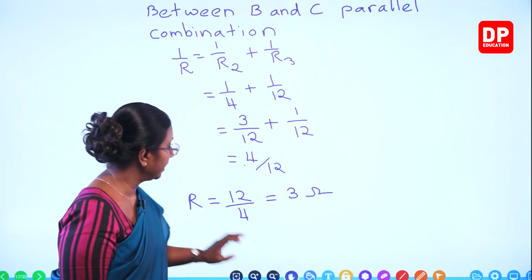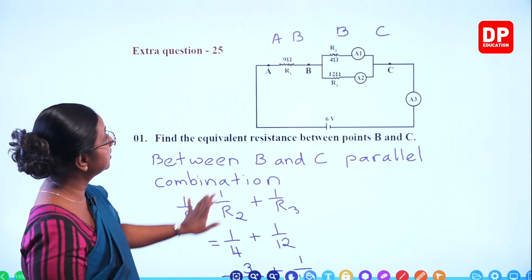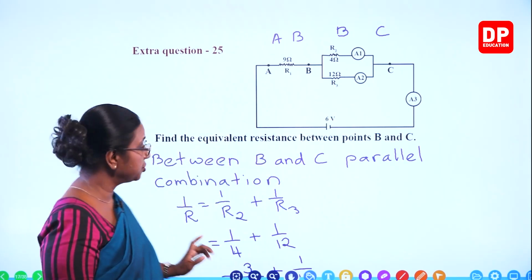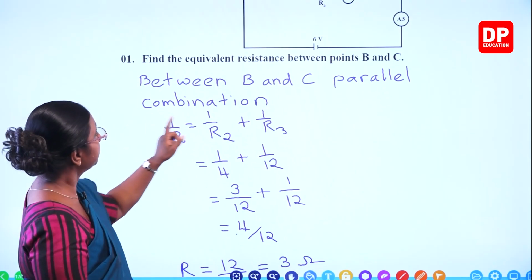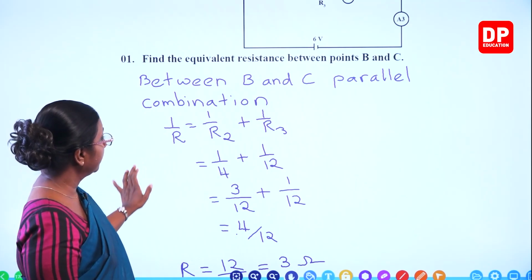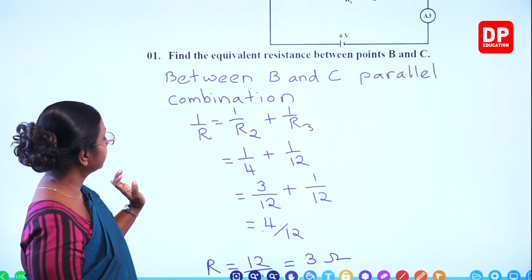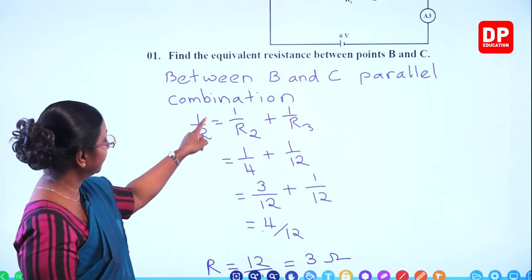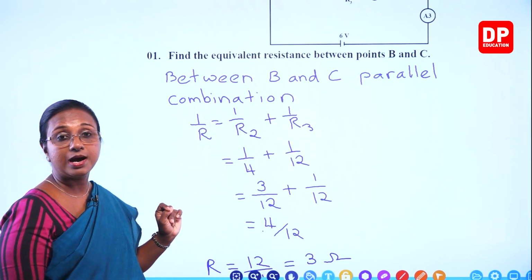So we have calculated the equivalent resistance between B and C, R2 and R3, 4 ohm and 12 ohm. It is a parallel combination, so calculating the equivalent resistance is done by this equation: 1 over R is equal to 1 over R2 plus 1 over R3.